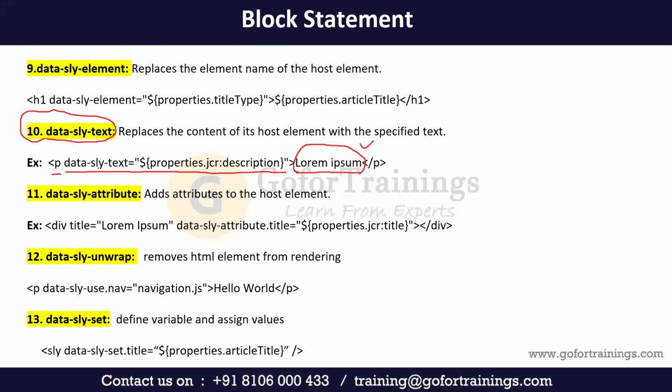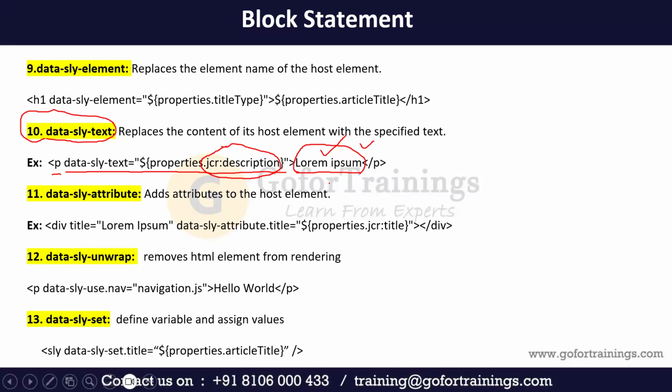But in this approach, if the description is not available, it will render the default value. If the description is available in the content node, the default value will be replaced with the JCR description value. So that is the only difference with data-sly-text, or else we can directly inject.